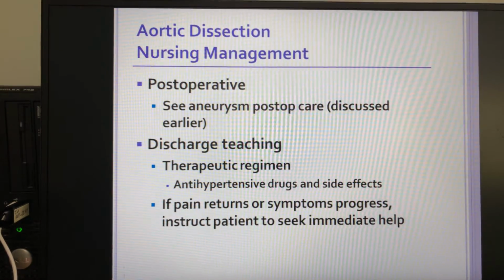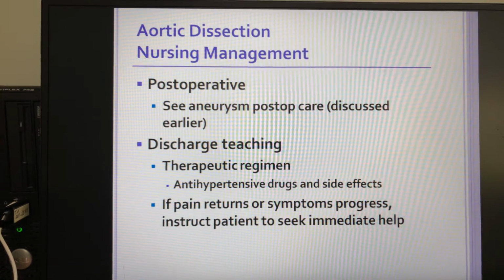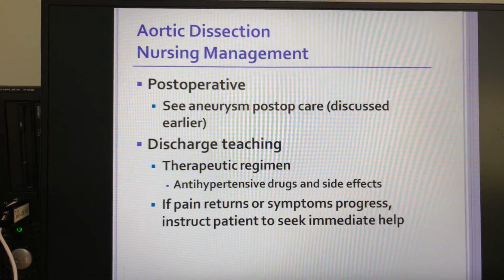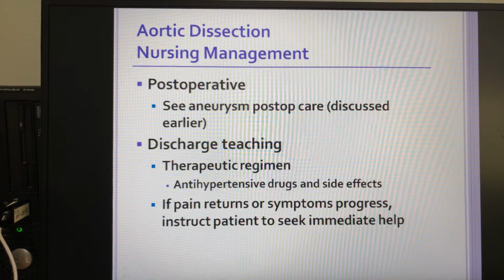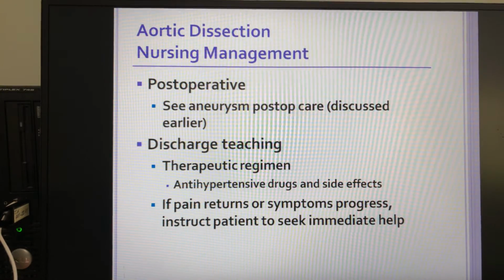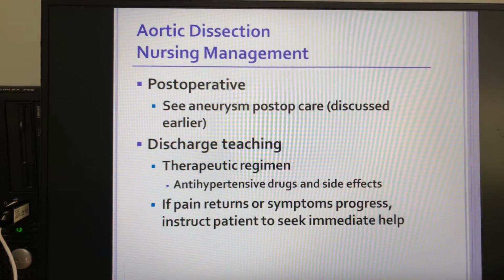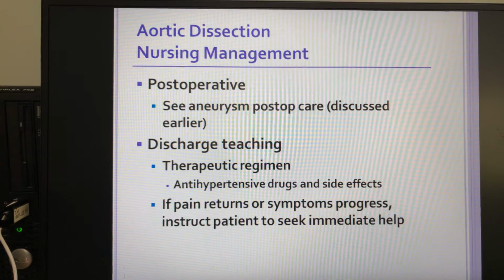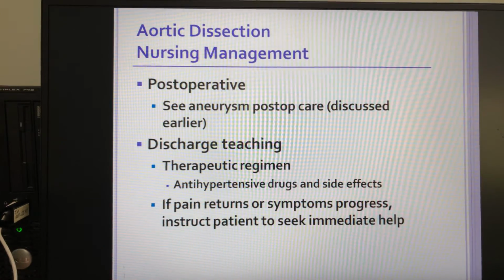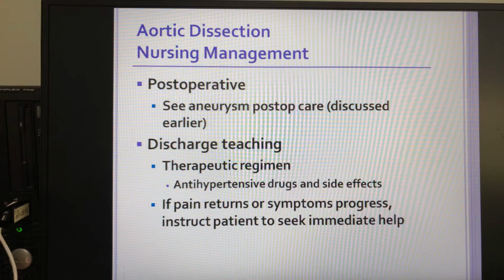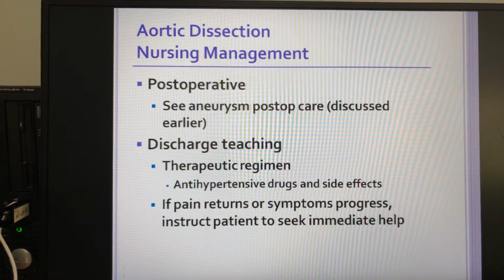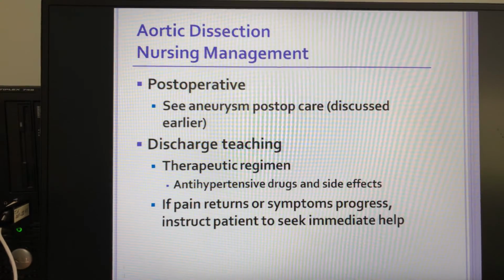Post-operatively, the care is the same as what we talked about in the aortic aneurysm. Most of all, the patients need to understand that antihypertensive drugs must be taken daily for the rest of their lives.